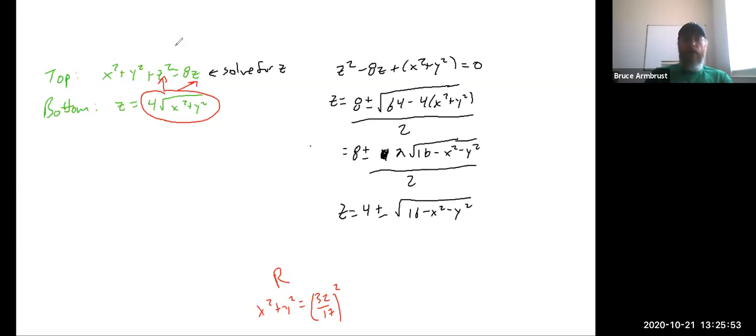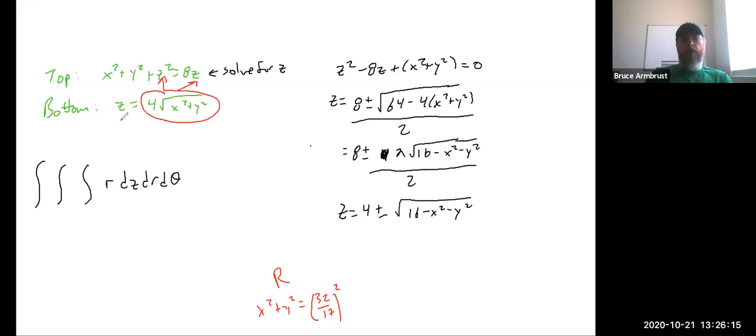So let's go to cylindrical. What we're going to do then is we'll go with an r dz dr d theta. So let's think about converting these things into cylindrical.